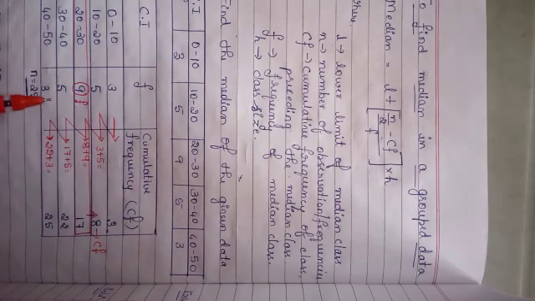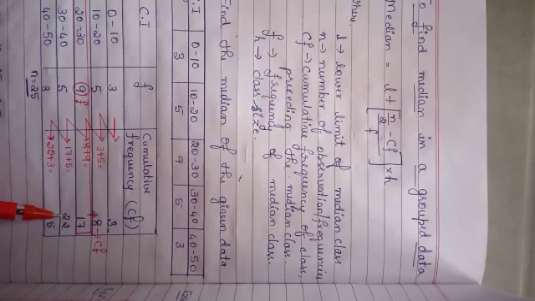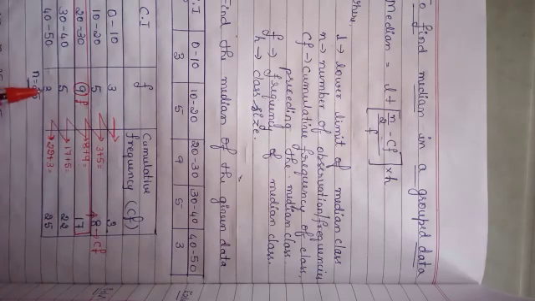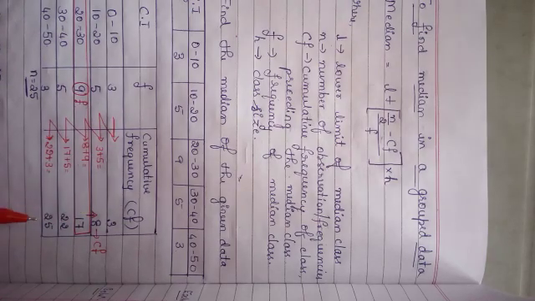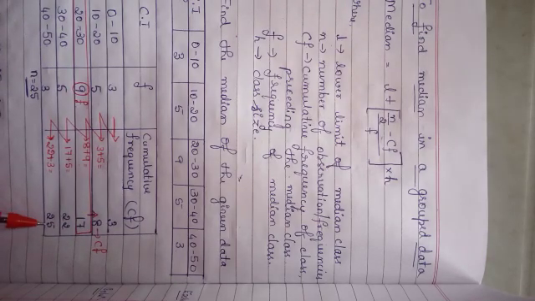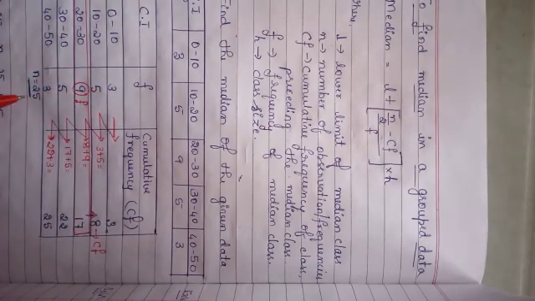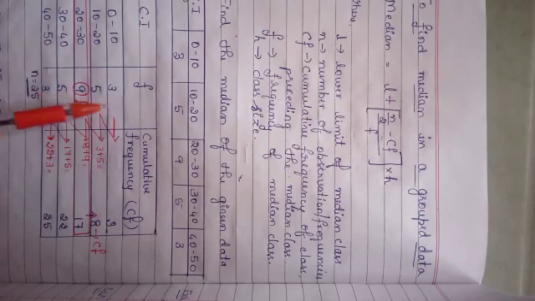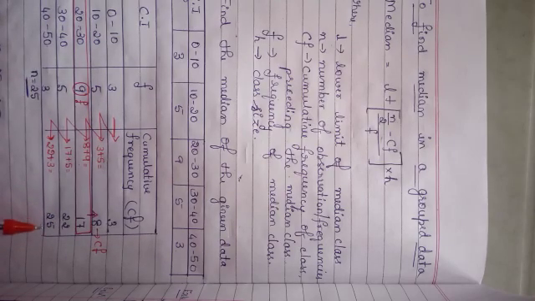For this 17, we add the next frequency 5, we get 22. 22 plus 3 is 25. The last cumulative frequency must equal the sum of the frequencies. So n equals 25, the sum of the frequencies, that is sigma f, which must equal the last value of the cumulative frequency.